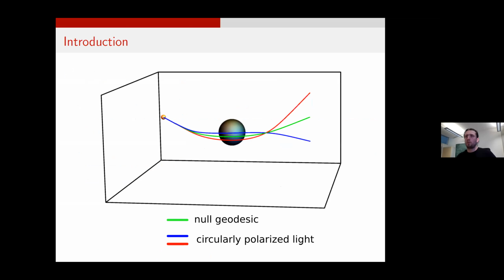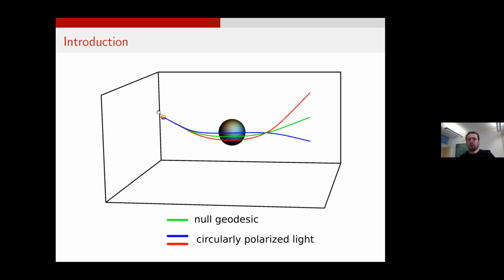And just to give you a feeling of what this effect looks like, let me give you a very brief example. So here we consider a Schwarzschild black hole, and we consider some source of radiation far away from the black hole. Now if we emit a null geodesic from this source of radiation, the null geodesic will remain in the equatorial plane of the Schwarzschild black hole, and we will get the ordinary light bending for null geodesics.